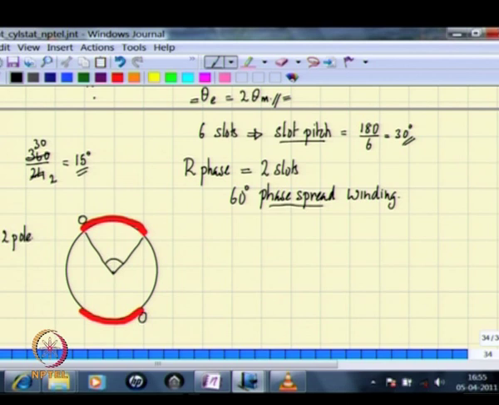So this being the case, we have now understood how to determine the inductance for a single coil that is present on the stator with the rotor being salient. Now that the actual machine is going to have a phase spread, with coils distributed over a certain angle, how do we determine the inductance of this system?